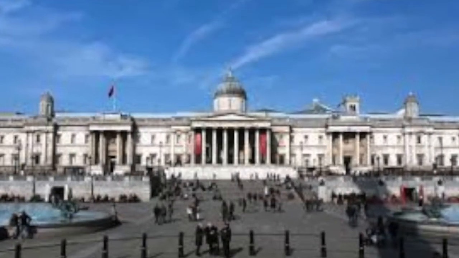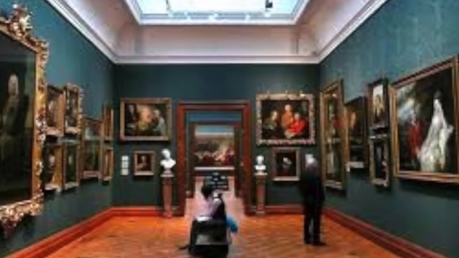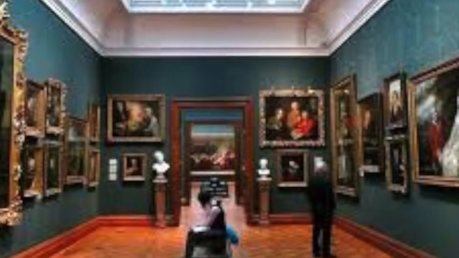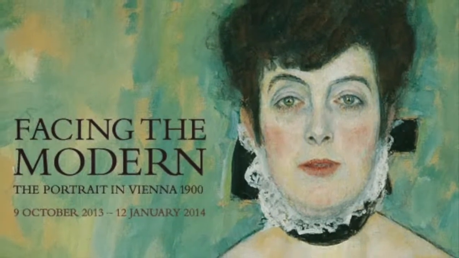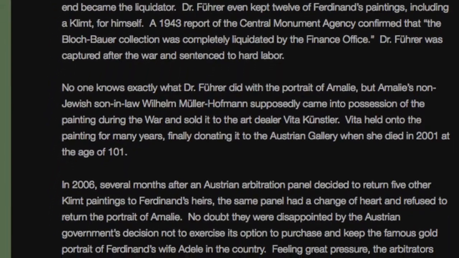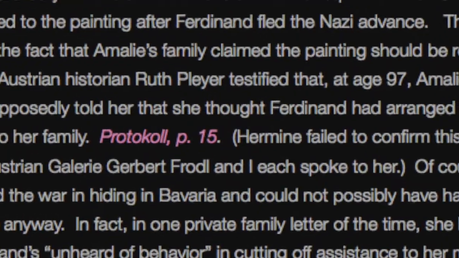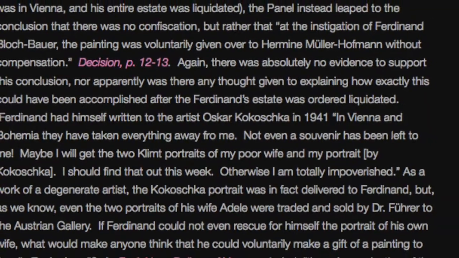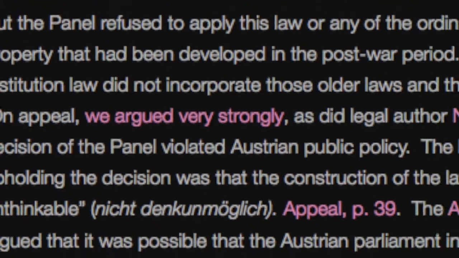Schoenberg even went as far as to put pressure on London's National Gallery to request the Austrian Supreme Court re-evaluate their decision before the painting be returned to the Belvedere Gallery in 2014. Schoenberg published a detailed outline of his argument against the Austrian government keeping the portrait of Amalie Zuckerkandl, including the reparation laws passed by the same court in 1998, but little has been said from either side since.